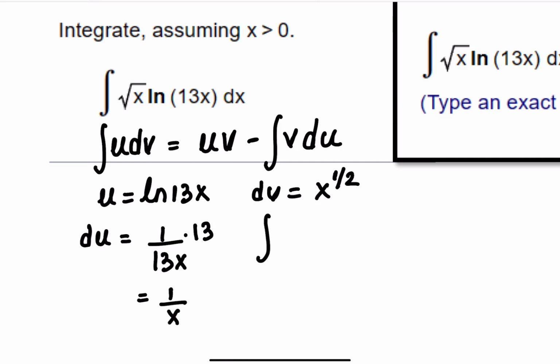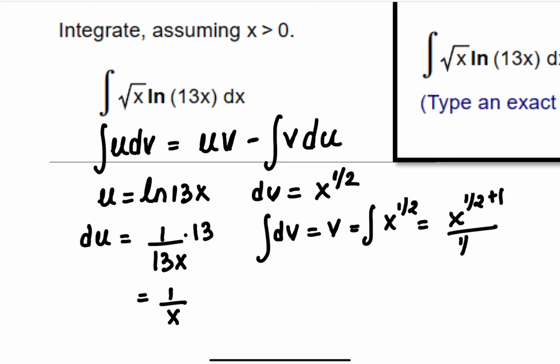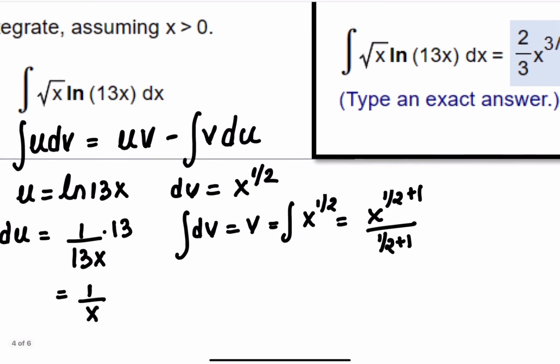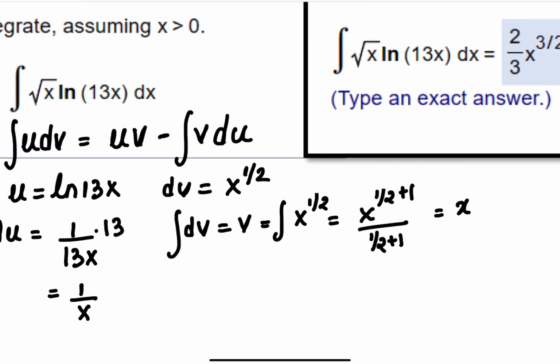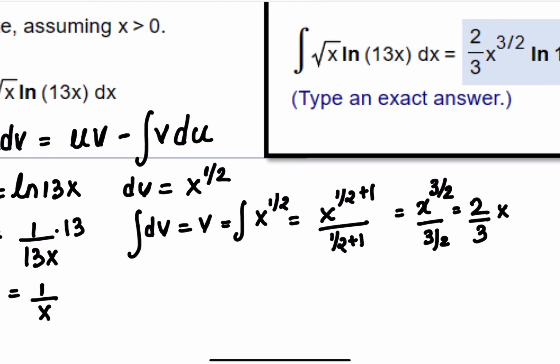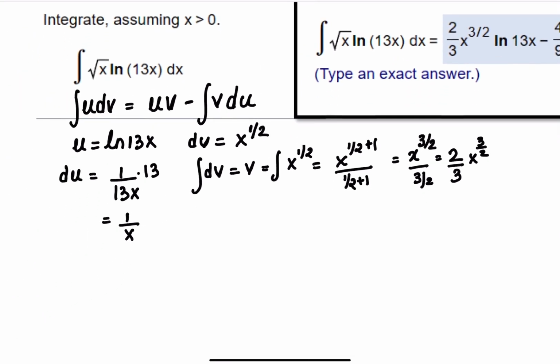Now when I integrate dv, I get v, and the integration of x to the power half is x to the power half plus 1, over half plus 1, which gives me x to the power 3 over 2, divided by 3 over 2, and when I flip it, it becomes 2 over 3 x to the power 3 over 2. Once I have that, I'm going to go back and put it into the formula.